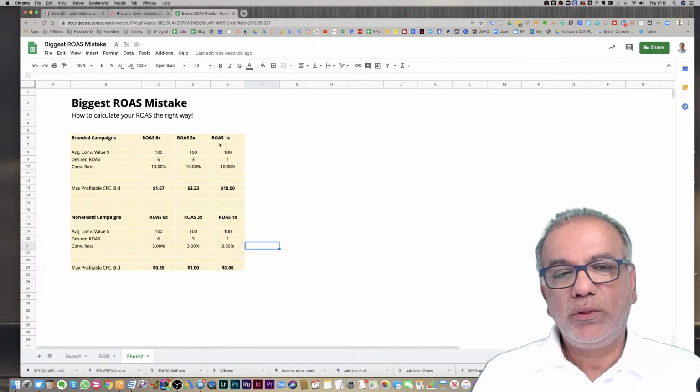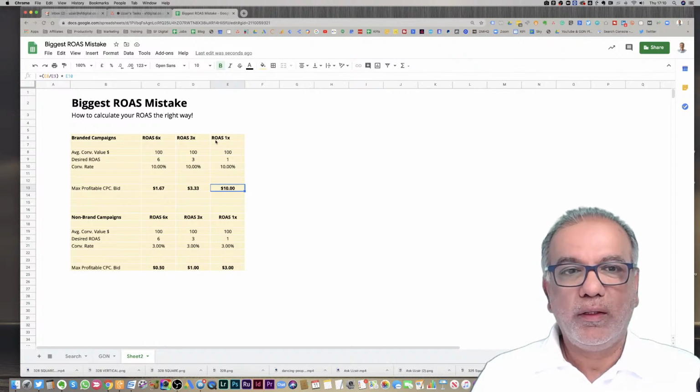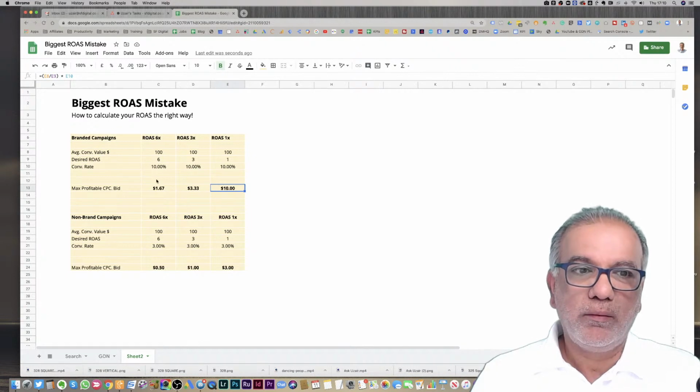So what this is showing you is you can afford to bid really high if you are trying to break even. And as your return on ad spend goes up, you cannot go as high on your bidding as possible.